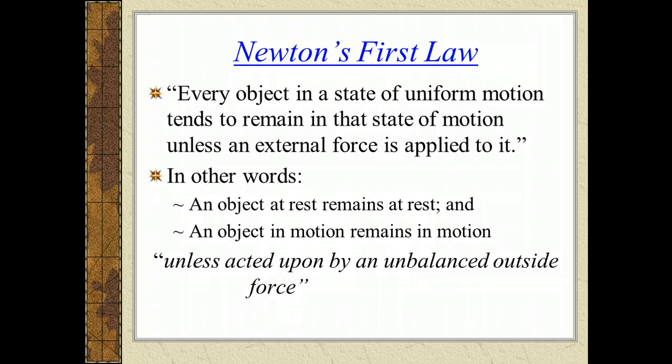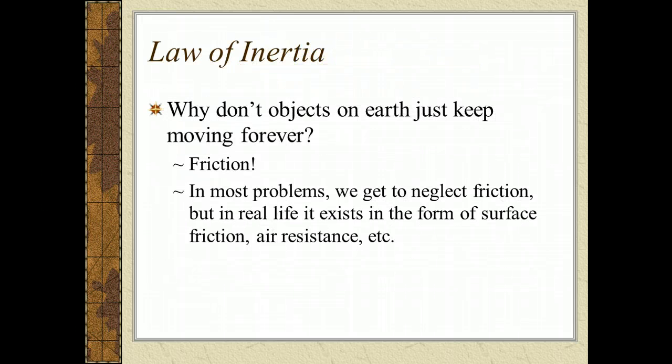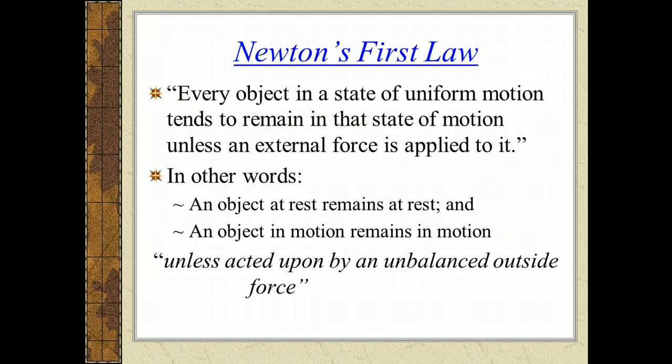And so the question I've asked myself is, why don't objects on Earth remain in motion forever? And the answer to that question is simply friction. Friction is what we have on Earth, and there's absolutely no way to get rid of it on this Earth. So it's not that Newton's first law is not in effect on the Earth, it's that we always, in every single situation, have an unbalanced outside force acting on us.